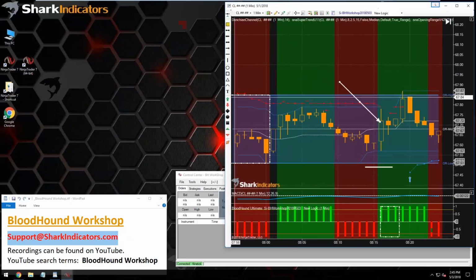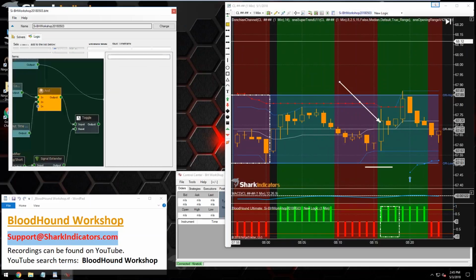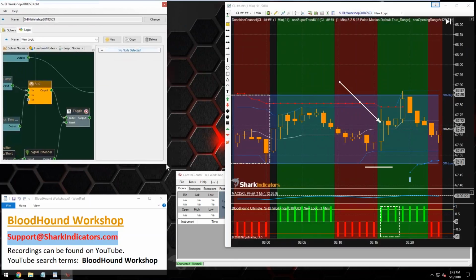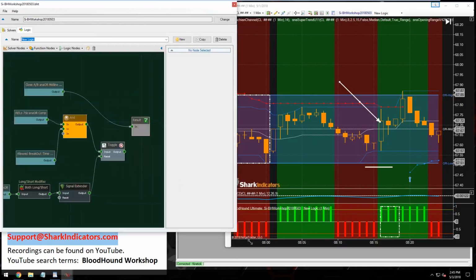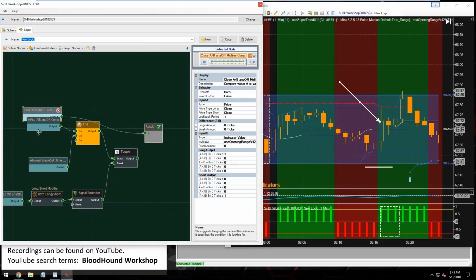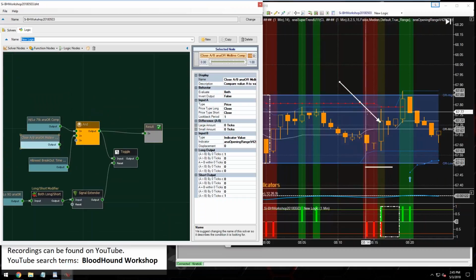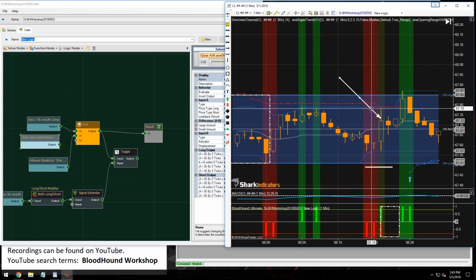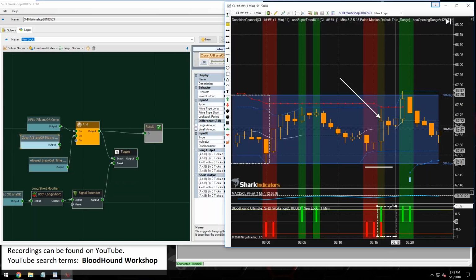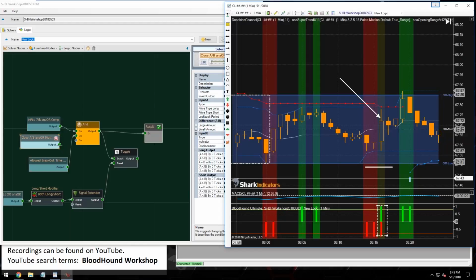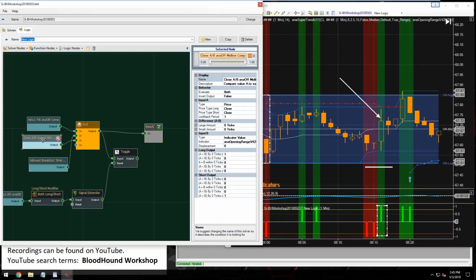Okay, so let's get this back open. So we can take this, and yeah, so again, remember, this bar here, if we look at BloodHound's output, we're getting a long and a short, but when we throw this bias in, bingo.